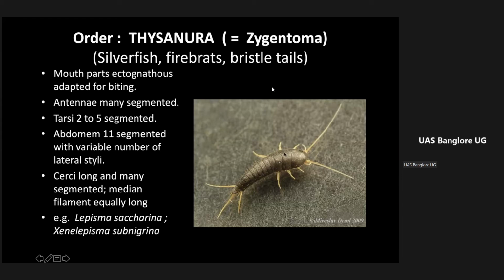Antennae are many-segmented. Tarsi are 2 to 5 segmented, the abdomen is 11 segmented, and there are lateral styli. Please remember, they have lateral styli and cerci. All three cerci, the median and the lateral, are of equal length. That is how you can identify this insect.